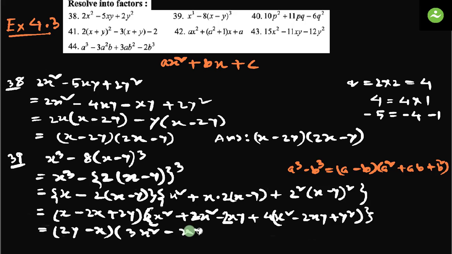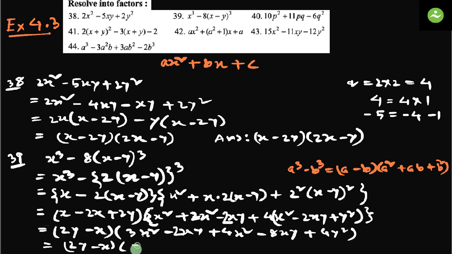So 3x squared minus 2xy plus 4x squared minus 8xy plus 4y squared, equals 2y minus x into 3x squared and 4x squared is 7x squared, minus 2xy and minus 8xy is minus 10xy, and plus 4y squared here. And this is the answer.